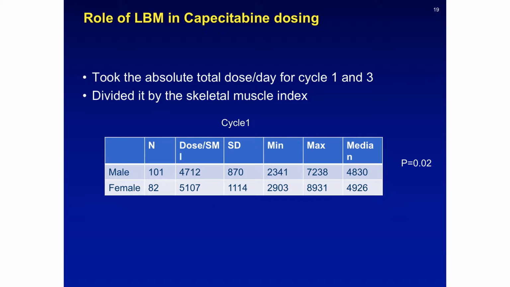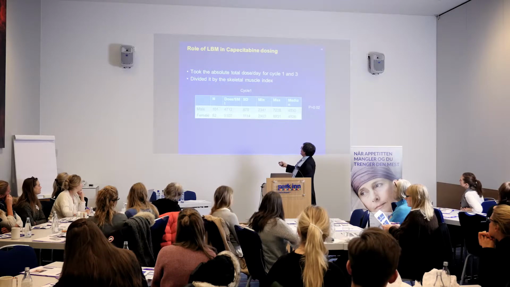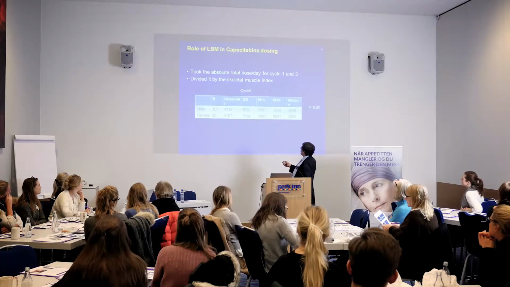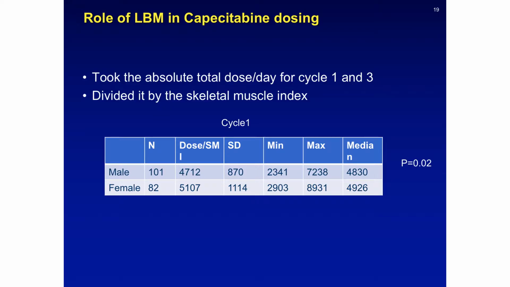When we looked at the total capecitabine dose per the skeletal muscle index, we found that the women were getting about 20% more than the men. And the dose, relatively speaking, between men and women was completely different.